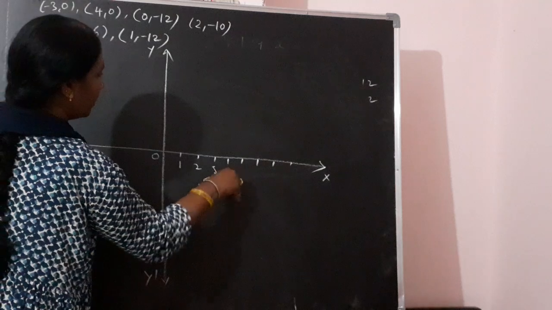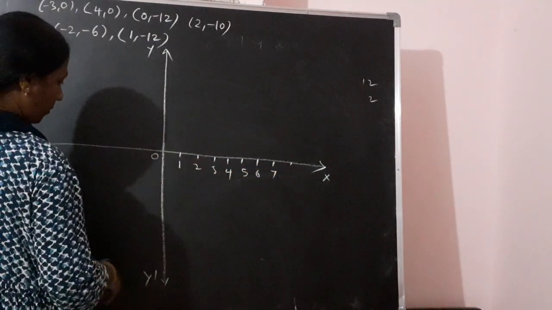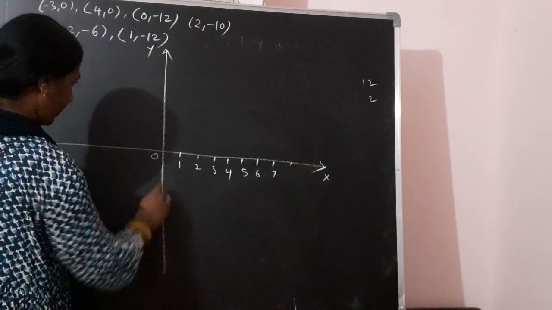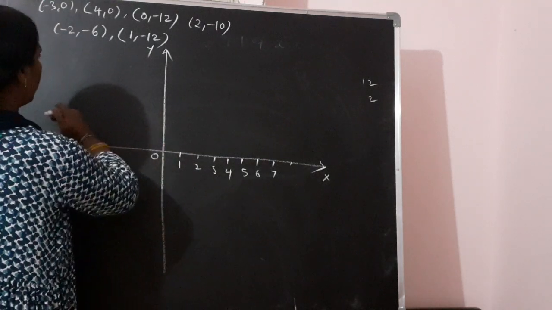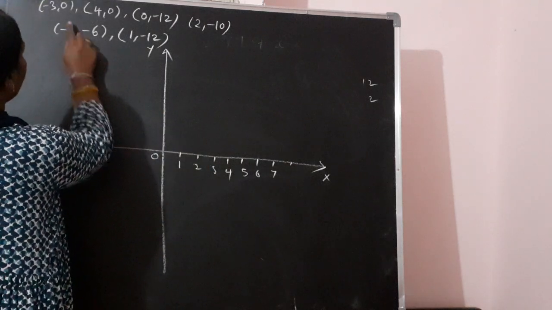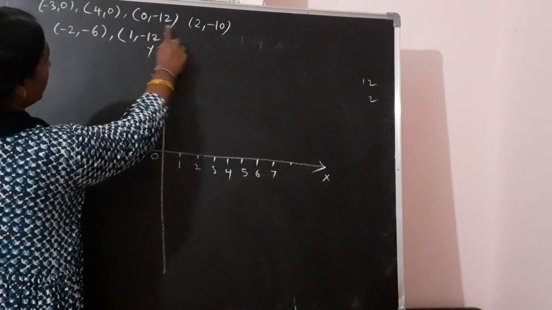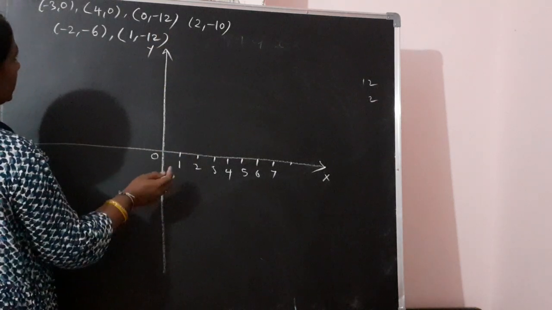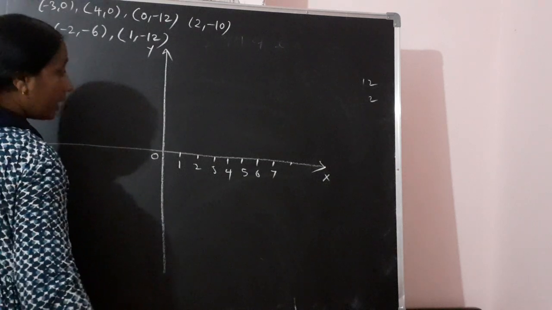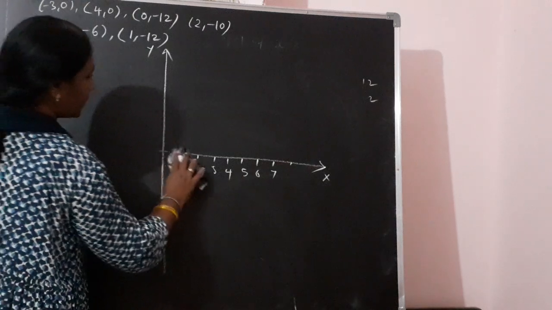1, 2, 3, 4, 5, 6, 7. For the negative values, we need 12 here, so we have to move up also. Why? Because the negative y value is minus 12, minus 10. In this situation, we have to take it like this in your graph also. So I am taking it just upside.